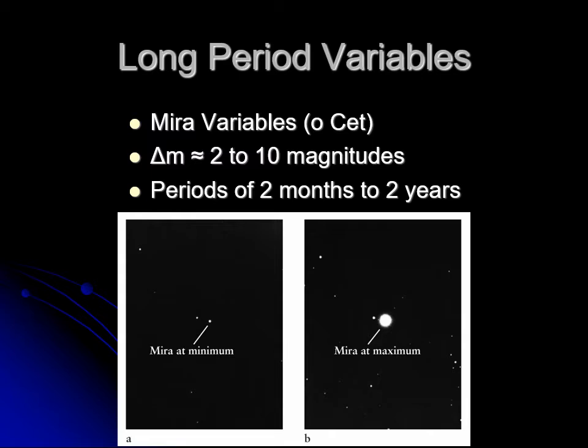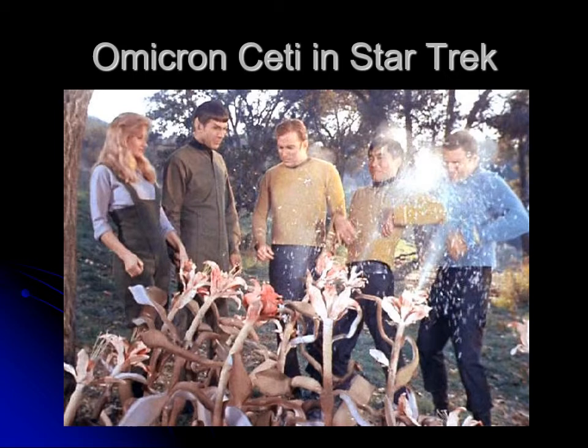But imagine, even if a star varies by 5 magnitudes, that's 100 times difference in brightness, and so that's enormous. If you were on a planet surrounding a Mira variable, it would alternate between being super hot and super cold.